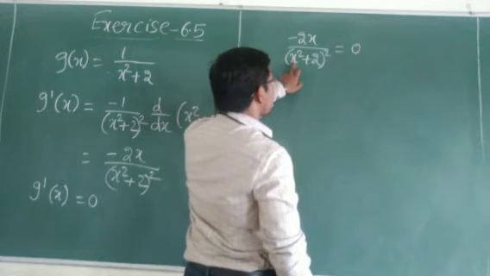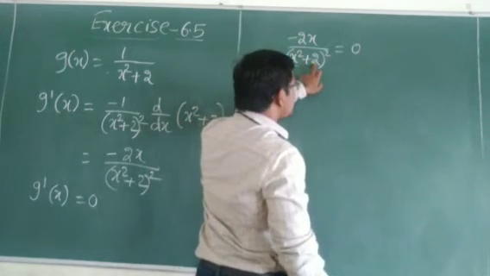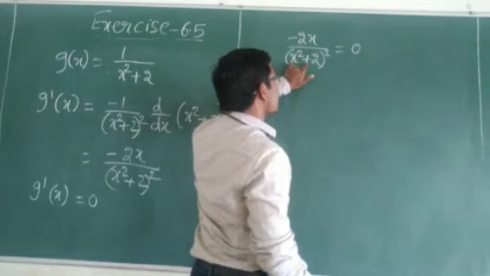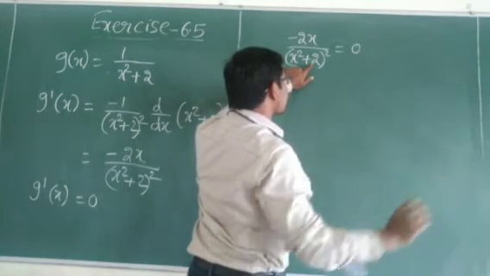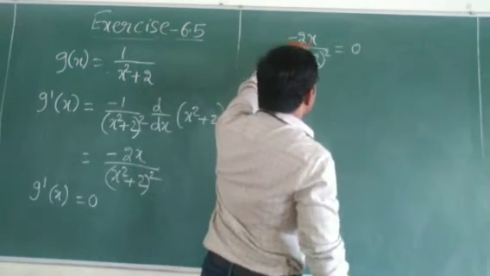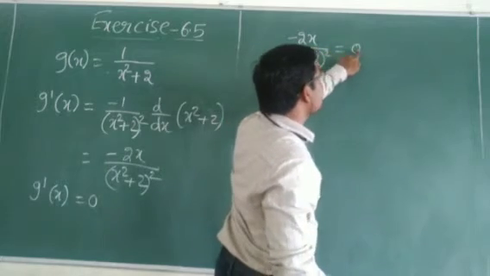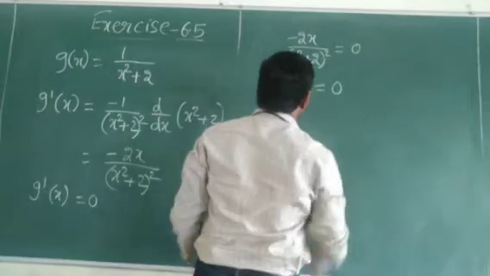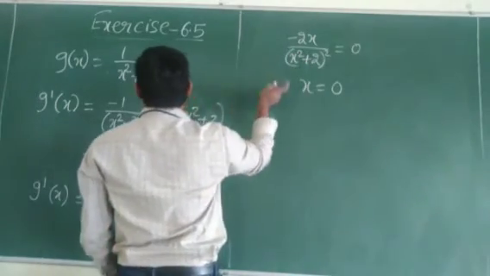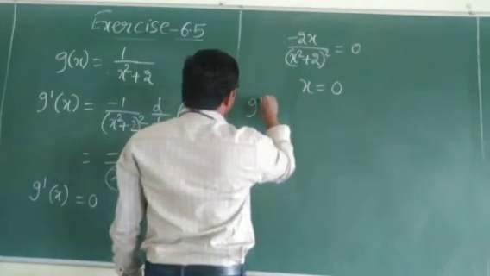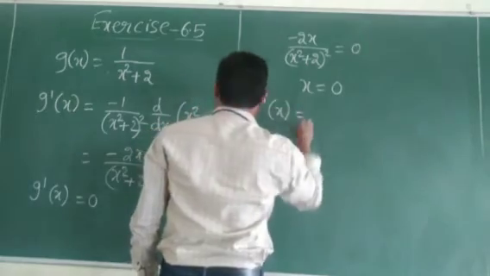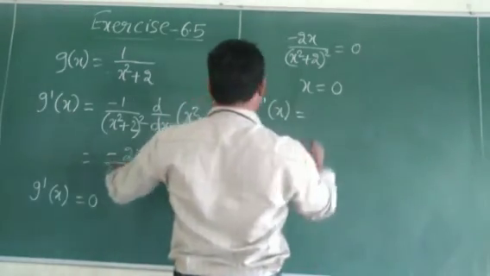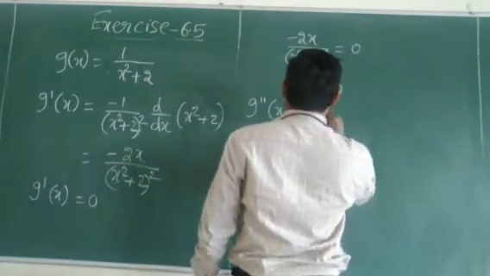X square is always positive, positive plus 2 is always positive only. The denominator is always greater than 0. So for this equation to be 0, the numerator x must be equal to 0. So we got a critical point. Now we can find the second derivative.